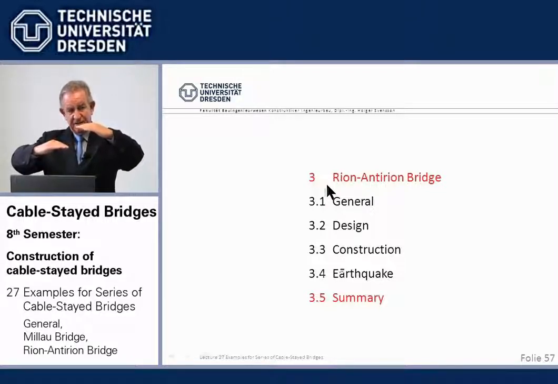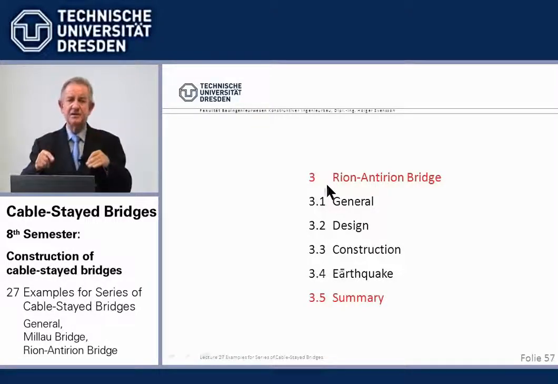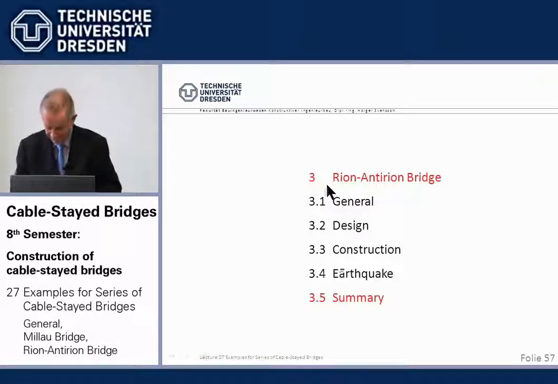There a sort of plastic sliding of this possible 2 meters difference can take place. That is really unique for this bridge. So, those were the series of cable-stayed bridges. Thank you.